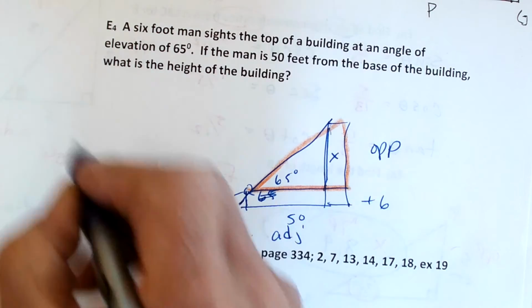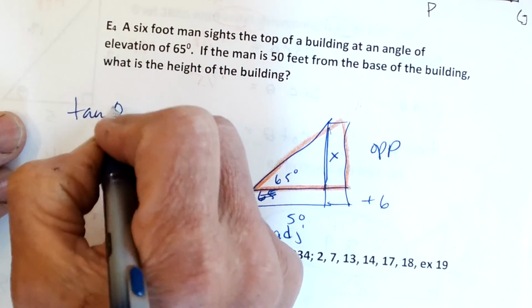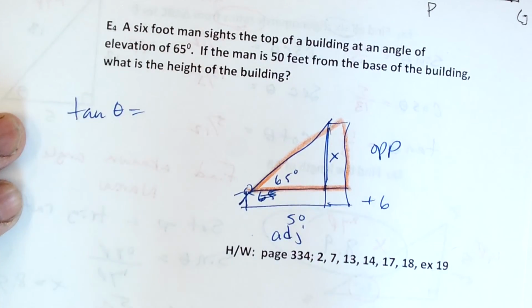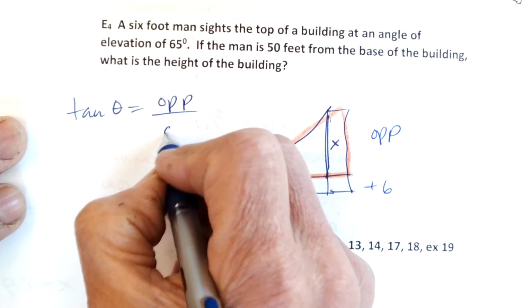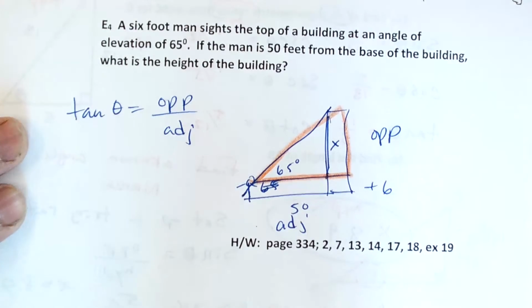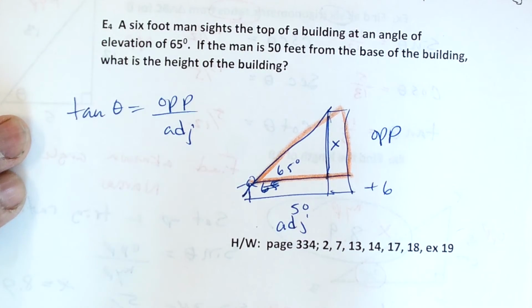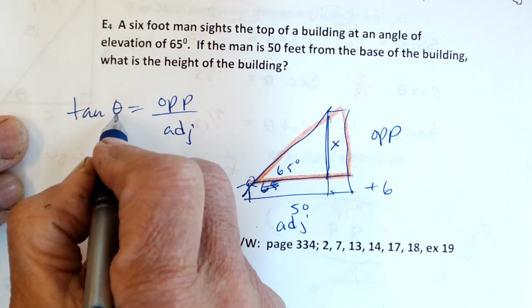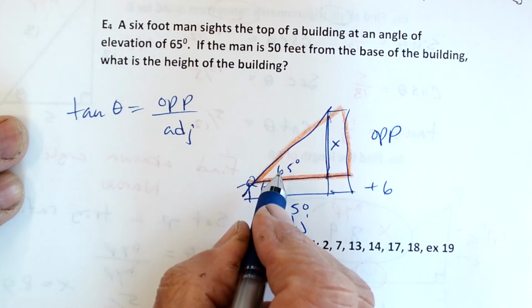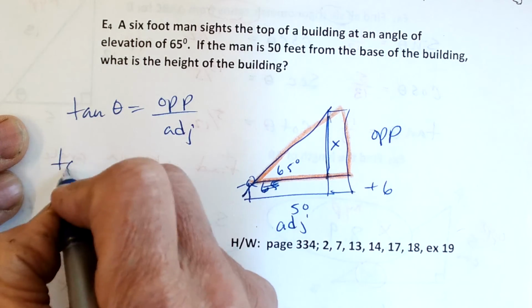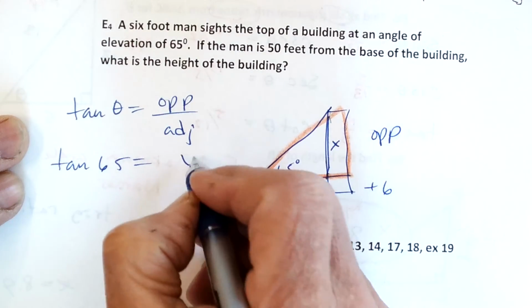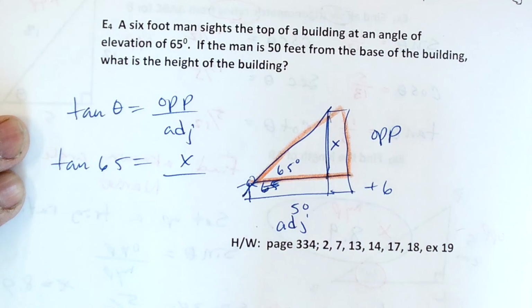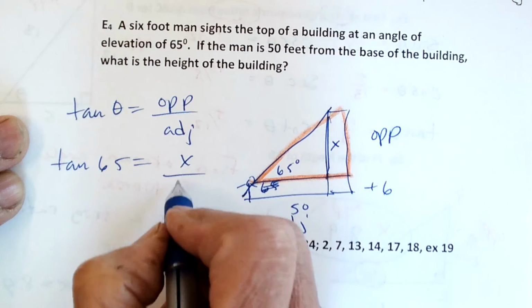I'm going to set up tangent, opposite over adjacent. So I'm going to go theta. Theta is my angle, which is 65. My opposite is what I want to find. My adjacent is 50.